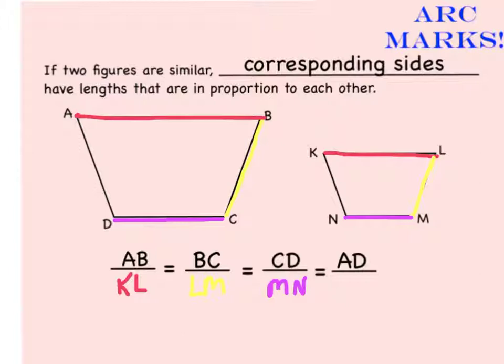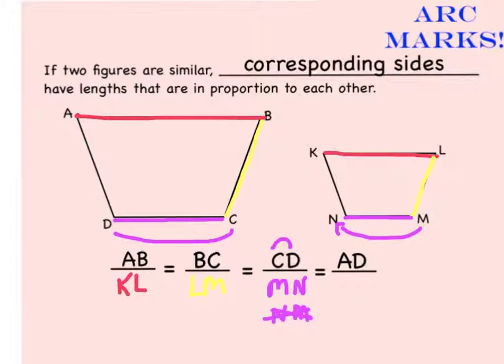And you might be noticing that if I start with C and go to D on the figure, I'm making sure that I do the same exact direction in my smaller figure. So I would not want to say that CD corresponds to NM. That would be incorrect.